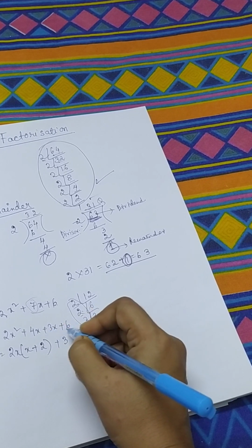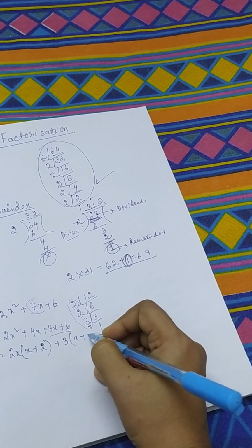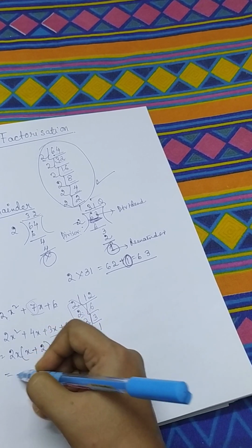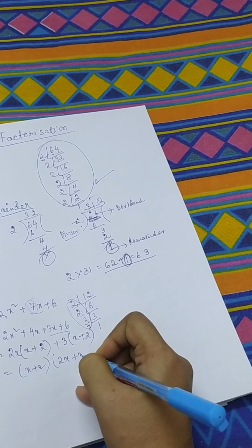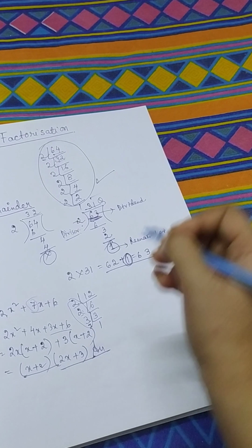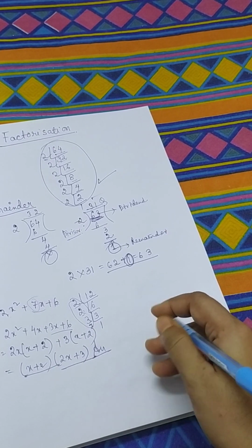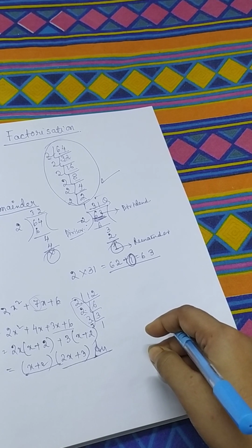Here also I can take 3 common out of these two terms, x plus 2. Now it will be x plus 2 and 2x plus 3, and that is the answer. This kind of factorization you have already done in class 8 and also in class 9.